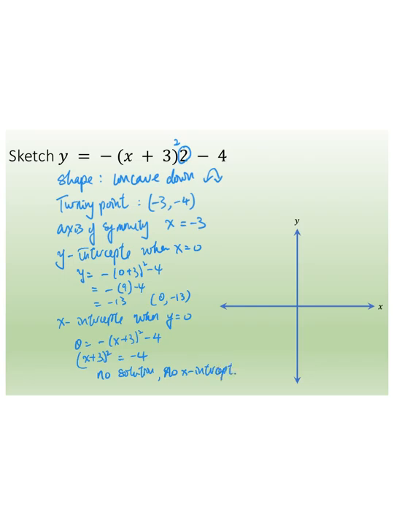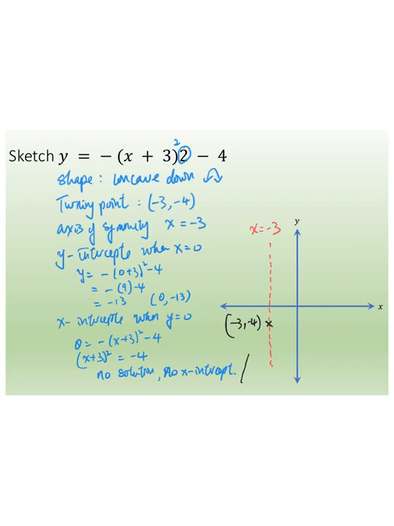Let's start sketching. Starting off with the axis of symmetry, x equals minus 3. Now, you know that the y-intercept is (0, minus 13), and the turning point is (minus 3, minus 4). So let's do this turning point here, (minus 3, minus 4).